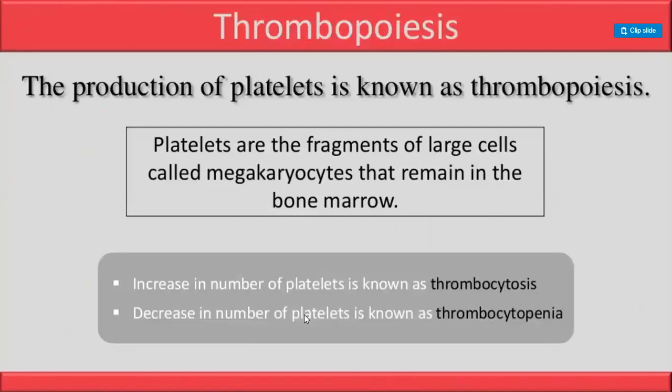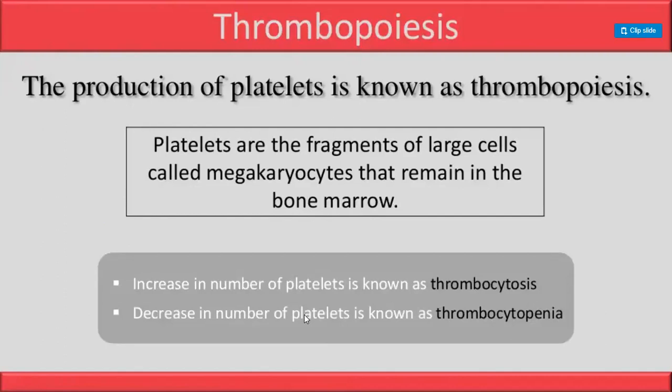The production of thrombocytes is called thrombopoiesis. And of course, it is in response to the release of a protein called thrombopoietin. Just the way we have erythropoietin and leucopoietin, we also have thrombopoietin, which is released from the kidney and the liver to stimulate the production of platelets.